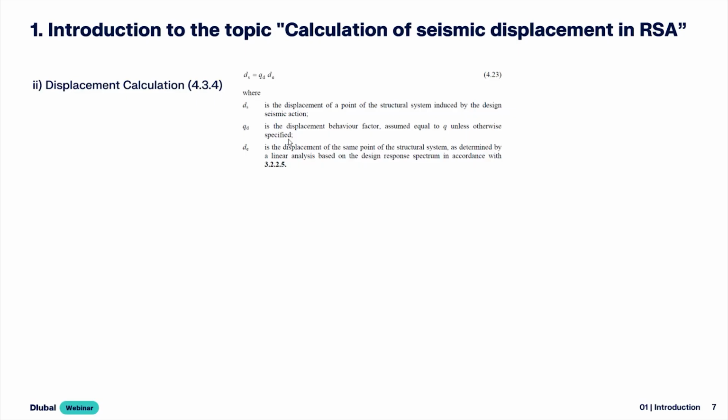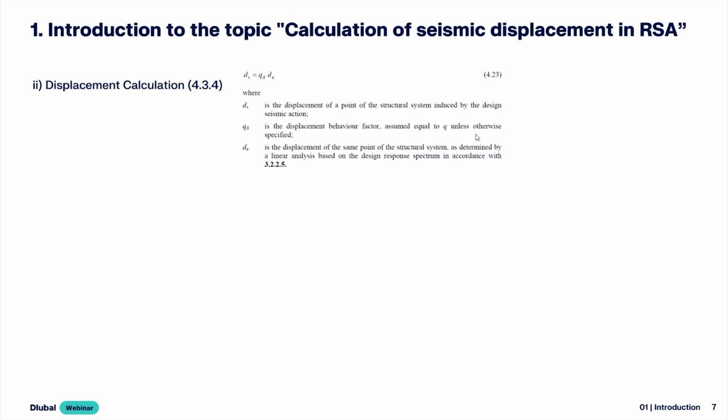So this means that we are going to take our displacement calculated according to the design spectrum, here section 3.2.2.5, which corresponds to the design spectrum. So this means the spectrum divided by Q. And then we multiply by QD, which in general is the same value.